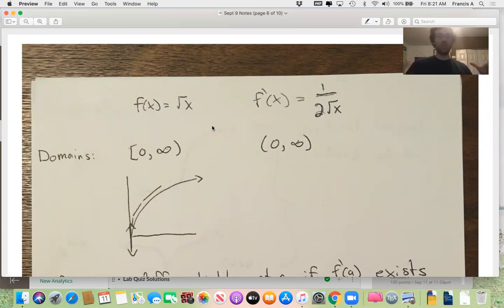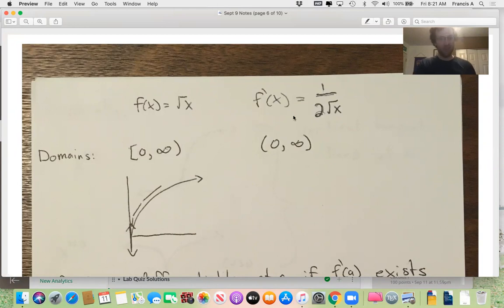So what we did, the original function is the square root of x. The derivative is 1 over 2 square root of x. And then we think about what are the domains of these two functions. Well, the square root of x, you can't put negatives in, so that's from 0 to infinity, but 0 is fine. The square root of 0 is 0.